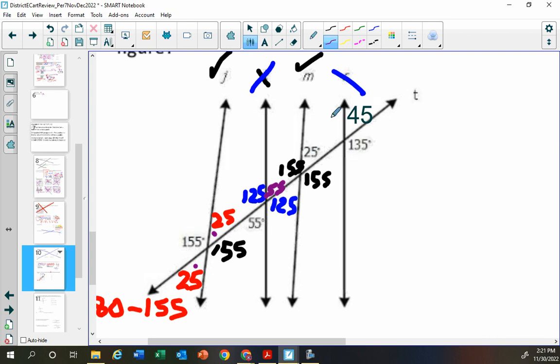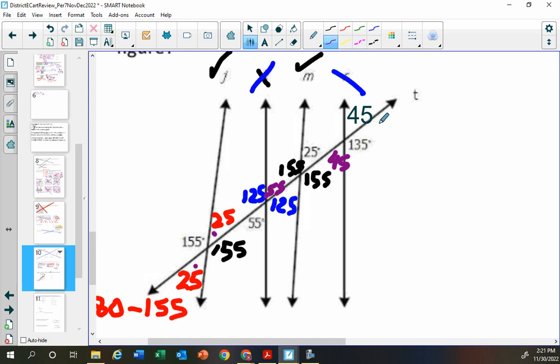Here it wouldn't, because again, you have 25, 155. This would have been a 45, 135. Those two wouldn't work. So you're looking at the combinations. You're going to do that for all your lines. You're going to be given up to 4 lines, and you have to do that combination for all 4 of your lines.